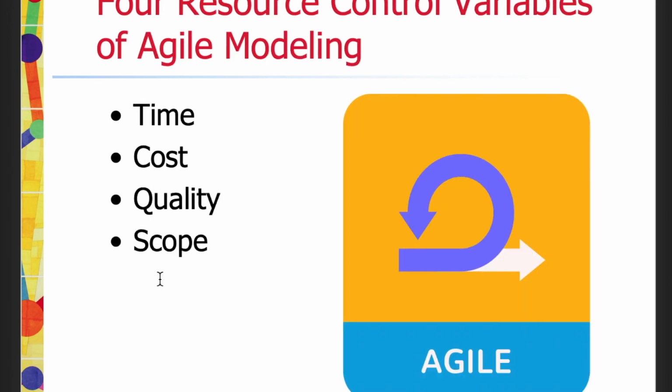Next, there are 4 resource control variables of agile modeling. These variables are very significant to develop prototypes using agile modeling. Firstly is time.